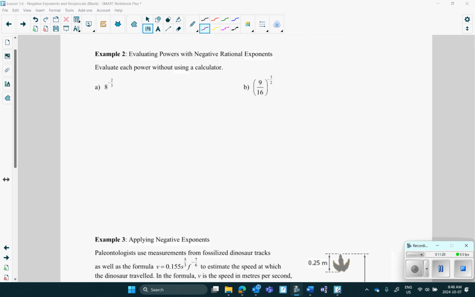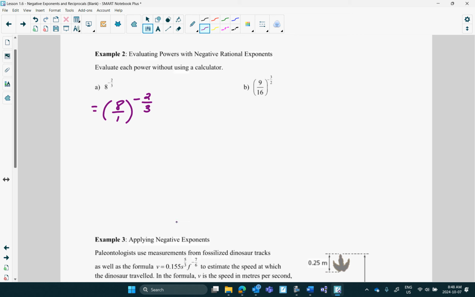Okay. Anybody want to walk me through it? Come on. Yeah. The parentheses and then 8 over 1. Then you switch it to 1 over 8. And then, positive. Yeah.